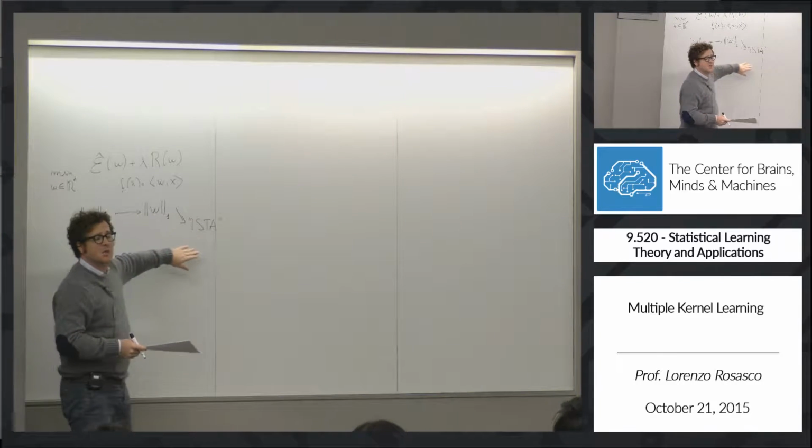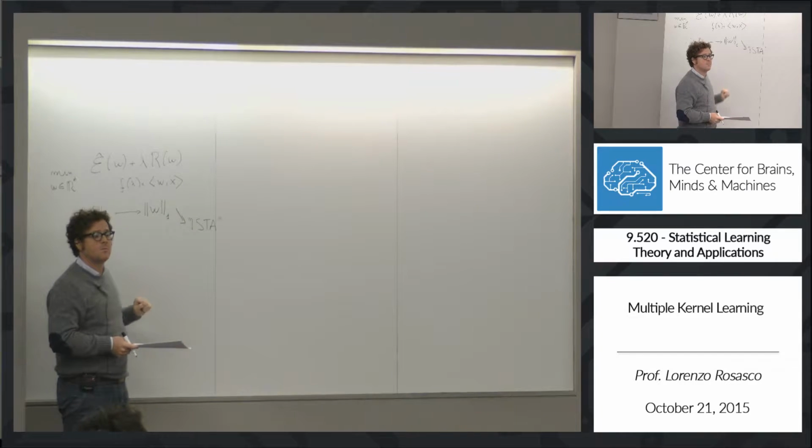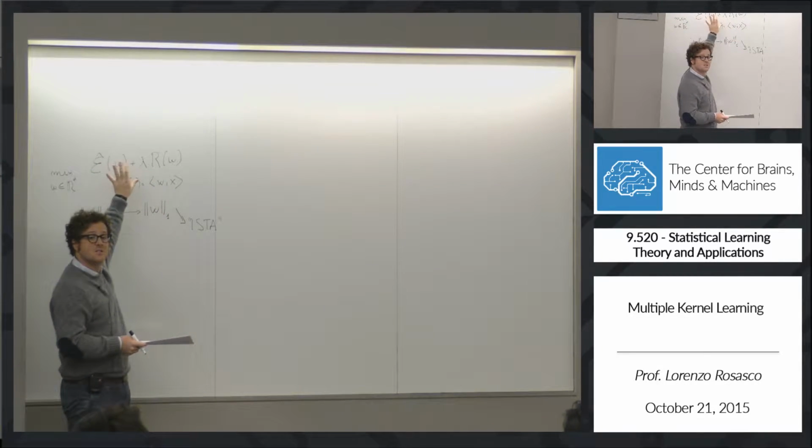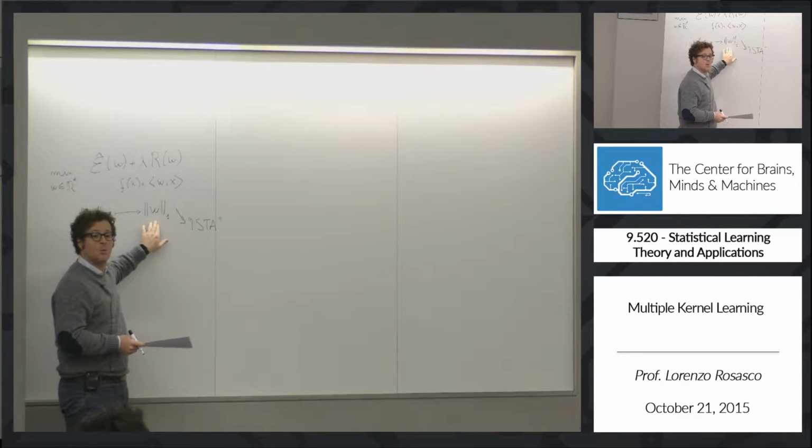Do you remember how ISTA looks like? It's an iterative procedure to compute the minimizer of this in the case where R is the L1 norm. How does the iteration look like? Do you remember?